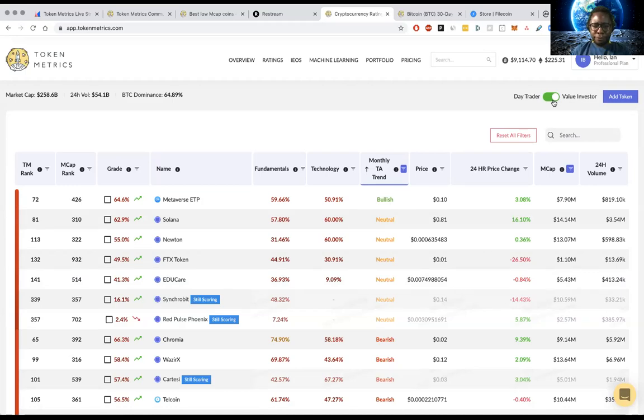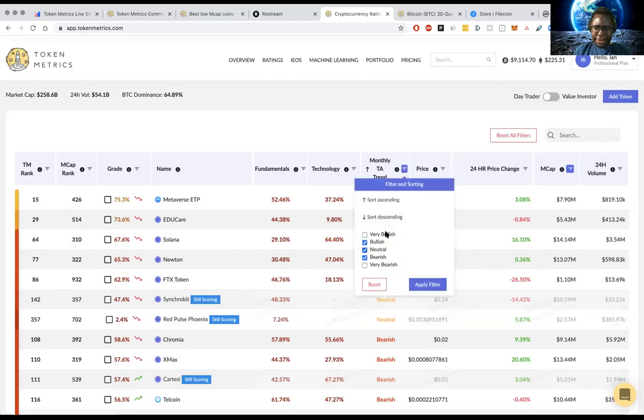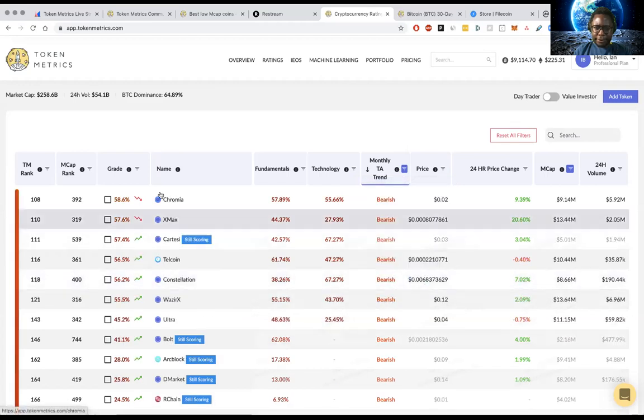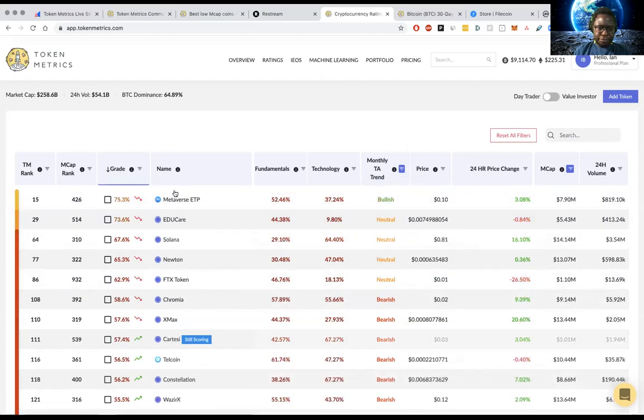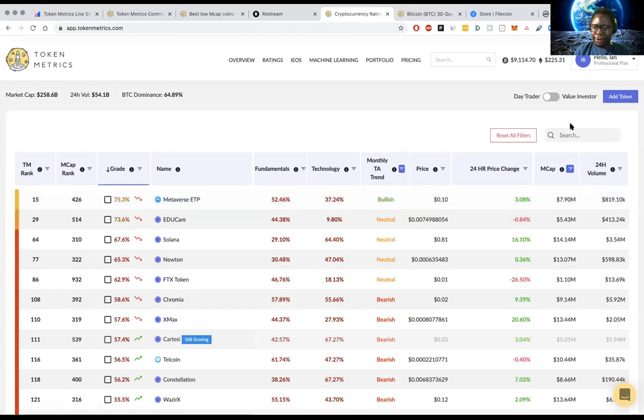But if you're looking for a quick trade, I would turn on the trader switch because the ratings are different for that. So if we turn this on and we keep the TA on, bullish, neutral, and bearish, this gives us kind of the same list. So we have Metaverse. Metaverse looks like the one with a market cap of about 8 million.